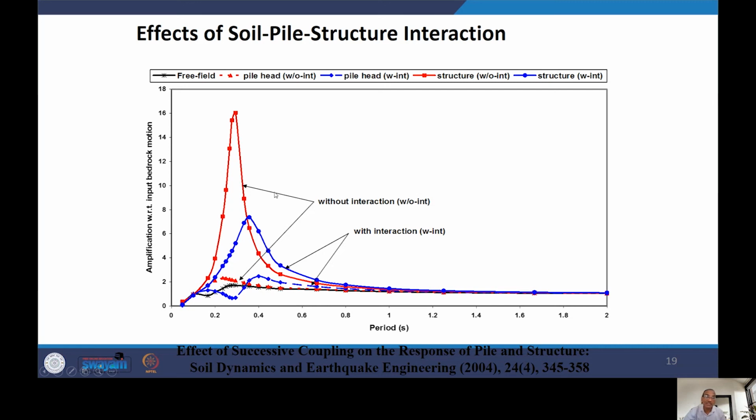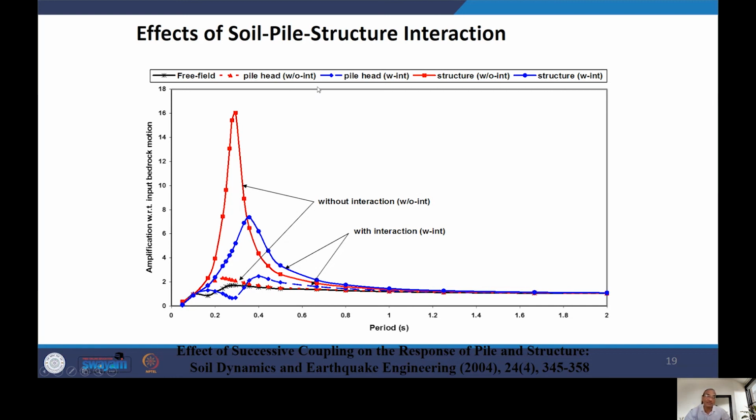So you could see that when you don't consider the interaction, in that case, what happens? The interaction effect will decrease. So this was without interaction, red line, and the blue was with interaction. The peak values drastically decrease, and this was for the structure.